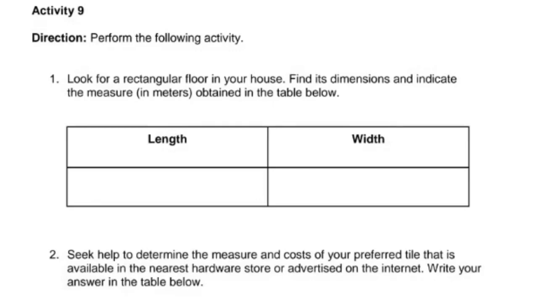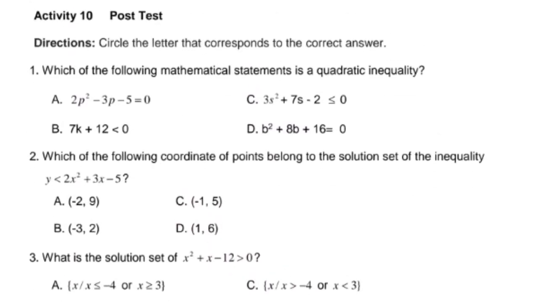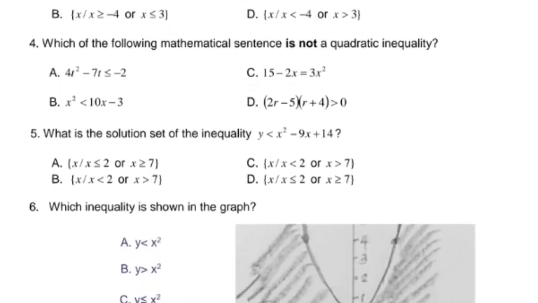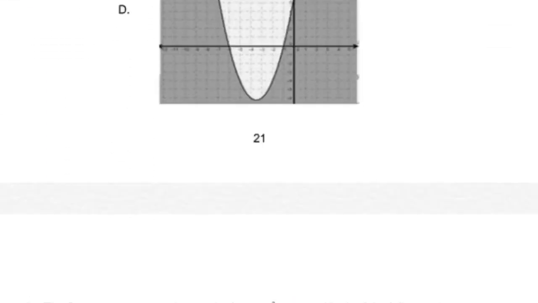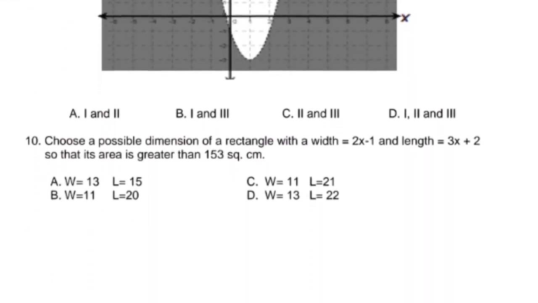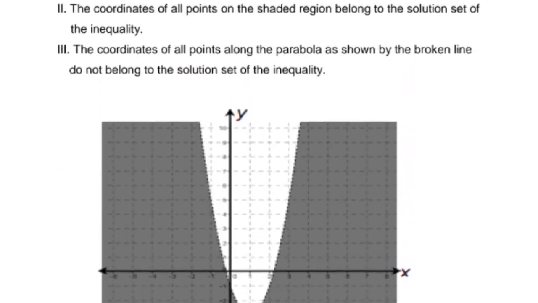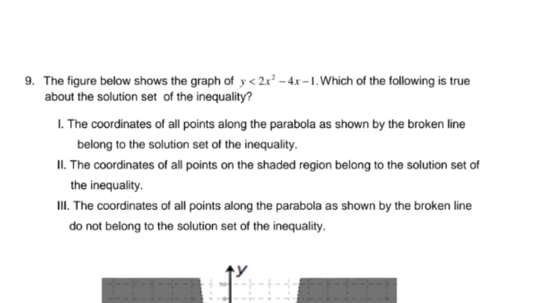So direction, perform the following activity. So you have there 3 activities that need to be done. So just follow the directions. The last activity is the post test. You have 10 questions. So write your answers in your paper.